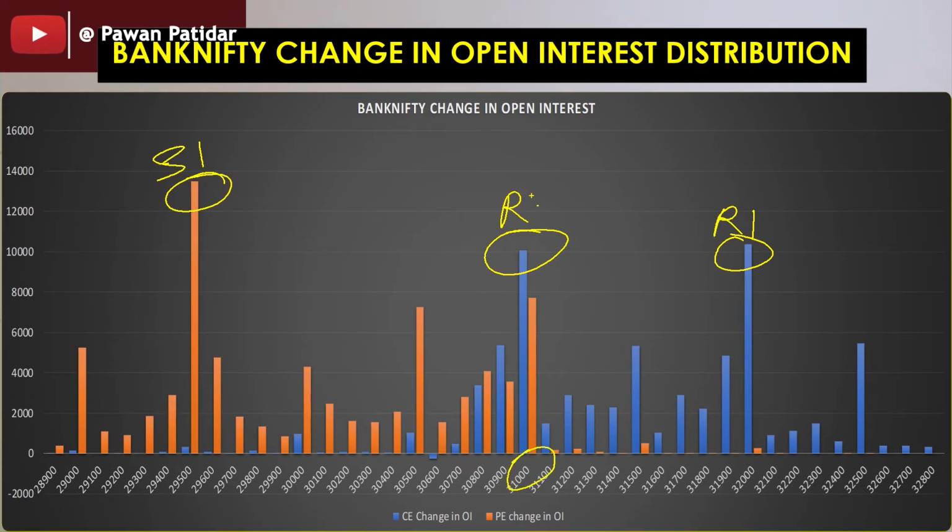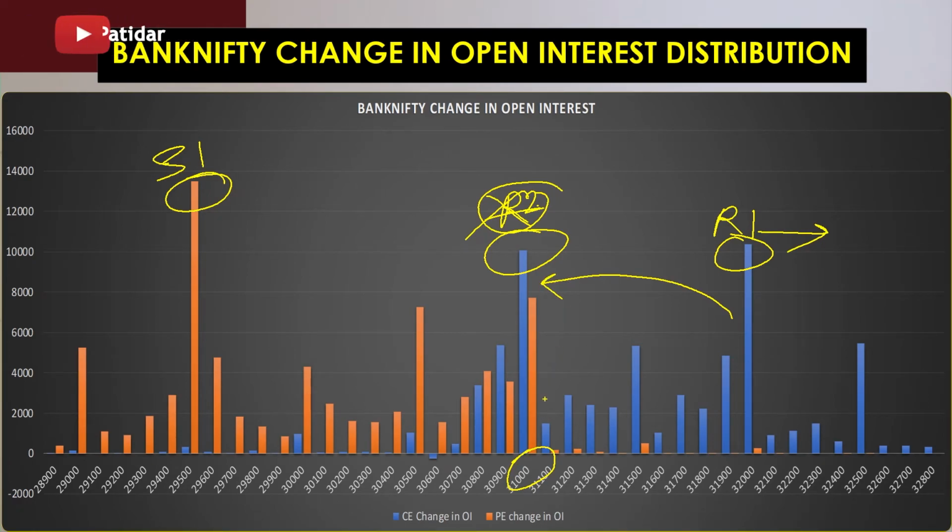But this cannot be R2. Why? Because R2 will be greater than that, means R2 will be above 32,000. So this cannot be R2. Then what is it exactly? Means people are thinking that resistance will move further down to 31,000.